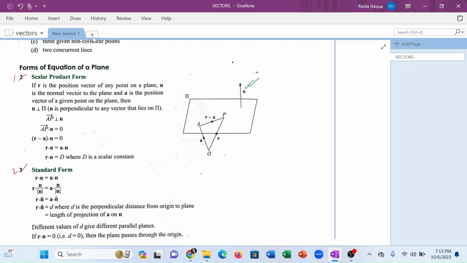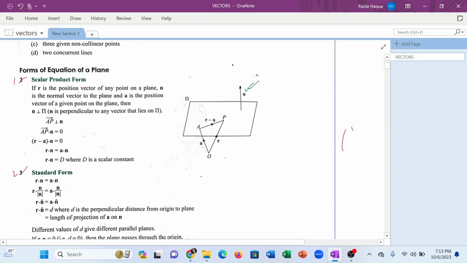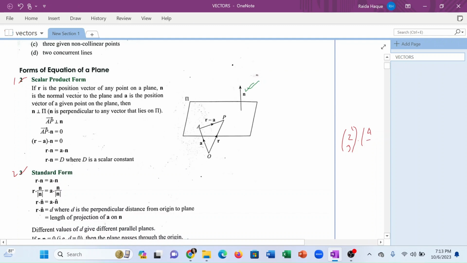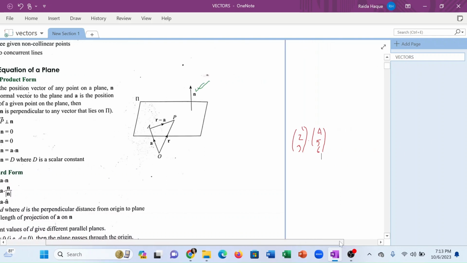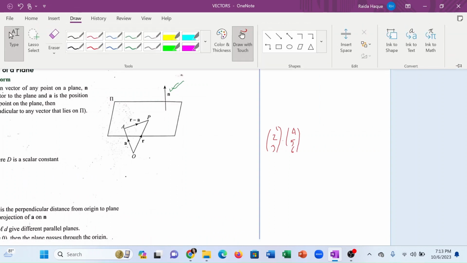So scalar product basically means if you have, for example, 1, 2, 3, and you're doing the dot product with 4, 5, 6, then you have a rule onto what the product will be, right?